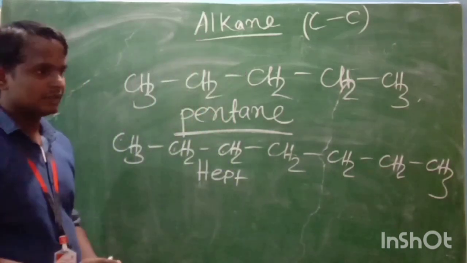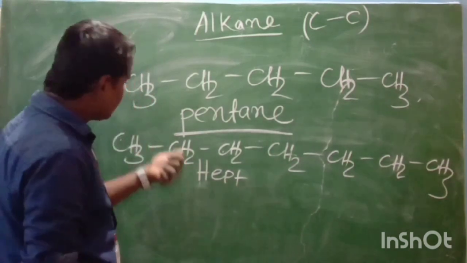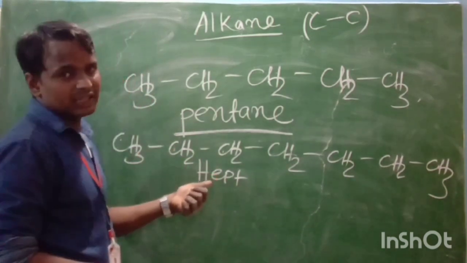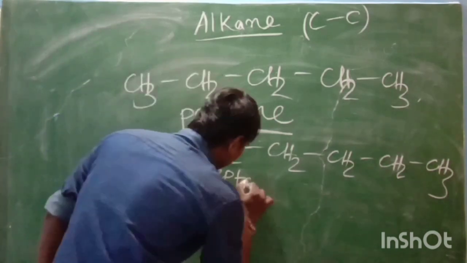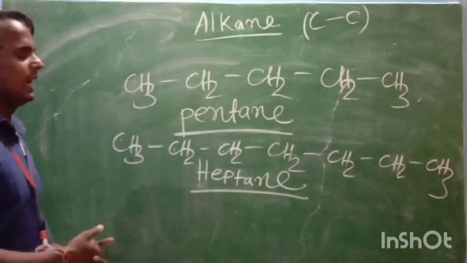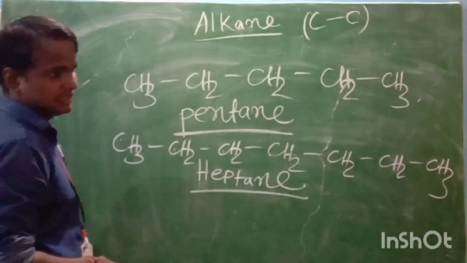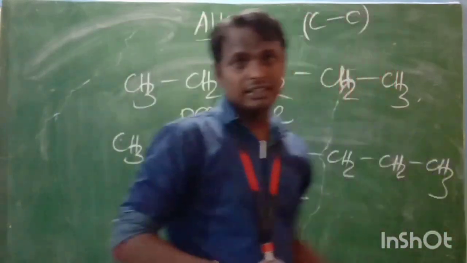Then we add the suffix. What is the suffix for this? Because this is an alkane, the suffix is ane. So we add ane, and the name of this hydrocarbon is heptane. Okay, students? I think all of you understand this.